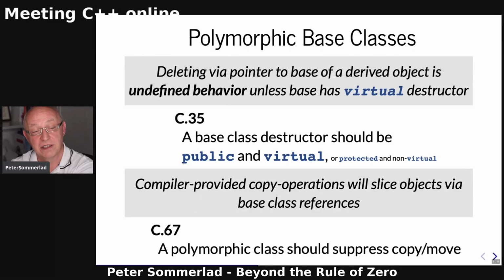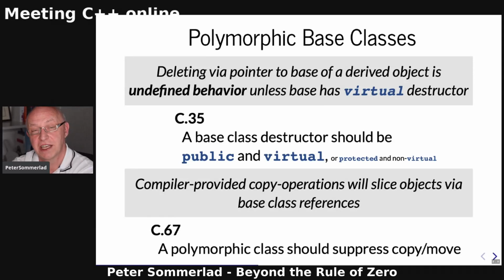Also, the core guidelines tell us, okay, compiler-provided copy operations will slice objects via base class reference. So when you have a class hierarchy, and the default operation is provided by the compiler, you will get copy. That's the red part in the table we've seen.